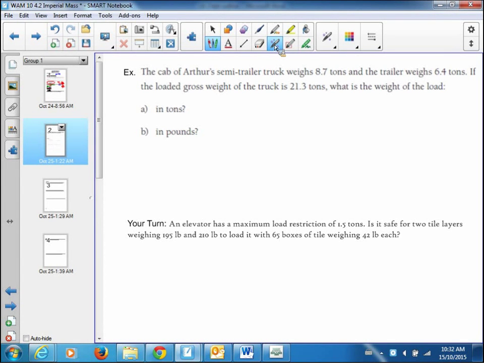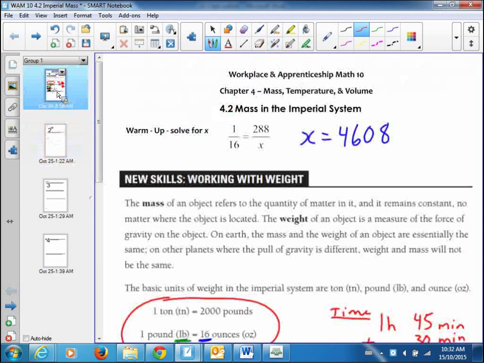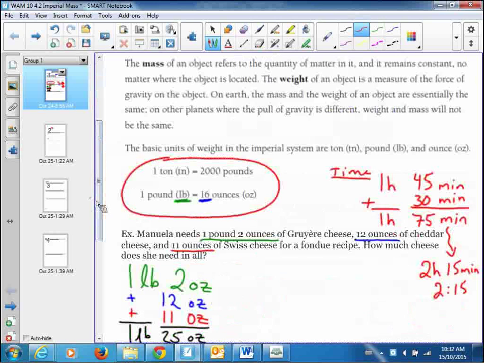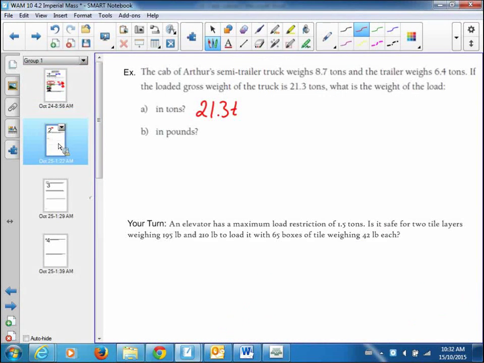So everything added together is 21.3, right? So 21.3 tons. Now, as far as abbreviations, we will use TN for tons. And the cab of his truck weighs 8.7, so we've got to take that off.